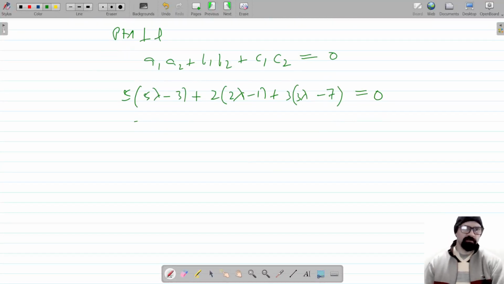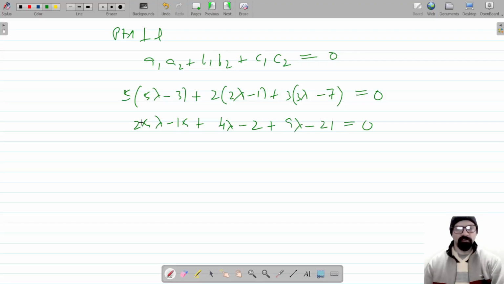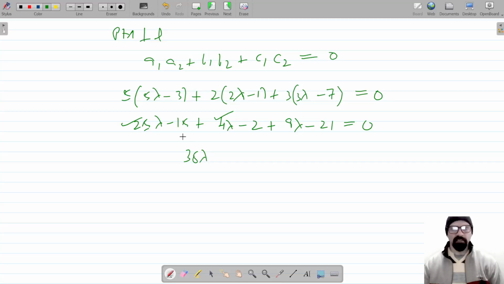Now this is 25 lambda minus 15 plus 4 lambda minus 2 plus 9 lambda minus 21 is equal to 0. Collecting the terms, this gives 38 lambda minus 38 is equal to 0.